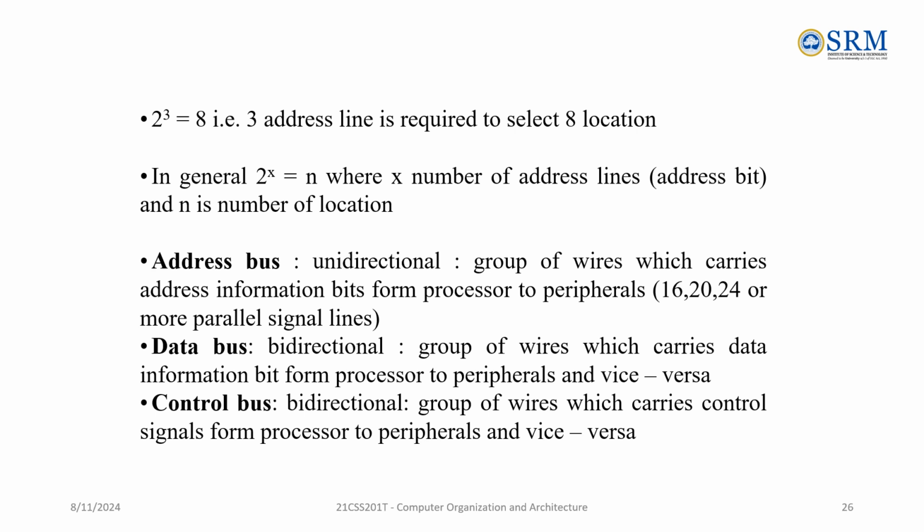The address bus is unidirectional: it is a group of wires which carries address information from the processor to the peripherals. Next is the data bus, a bidirectional group of wires which carries data from the processor to the peripherals and from the peripherals to the processor. The control bus is also bidirectional, from the processor to the peripherals and vice versa.